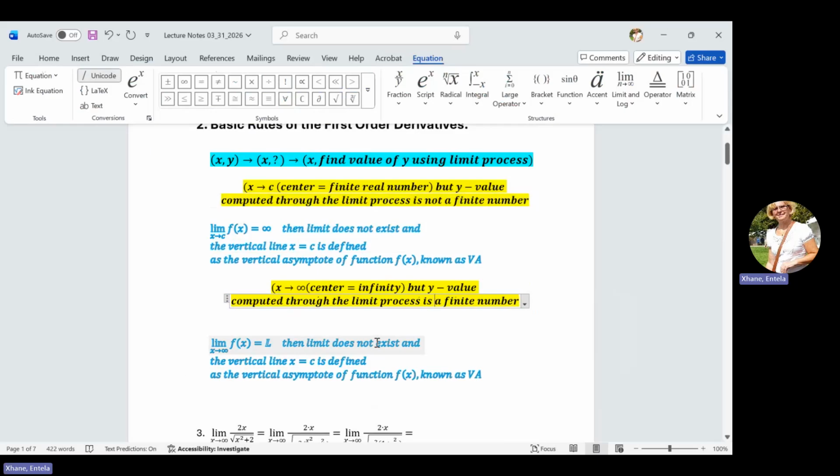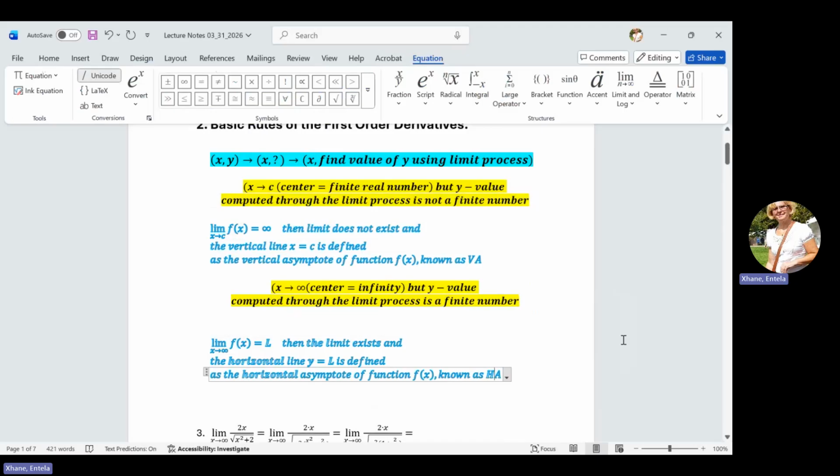Then in this case, the limit exists, and the horizontal line with the equation y equals L, which is the value of the limit, is defined as the horizontal asymptote of function f of x, known as HA.